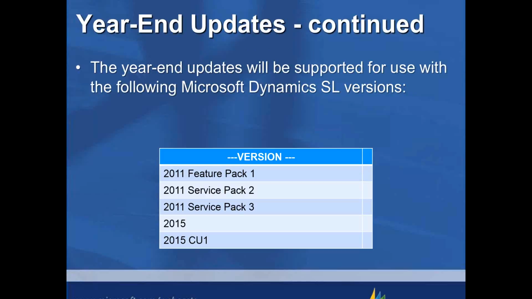So if you have SL 2011 Service Pack 1 or SL 2011 with no Service Pack, you would need to upgrade to one of the versions on the screen in order to be able to install this update. If anyone is on an earlier version of that and needs assistance, please let us know. That's something that needs to be addressed immediately so that it can be done in time if that is the case.